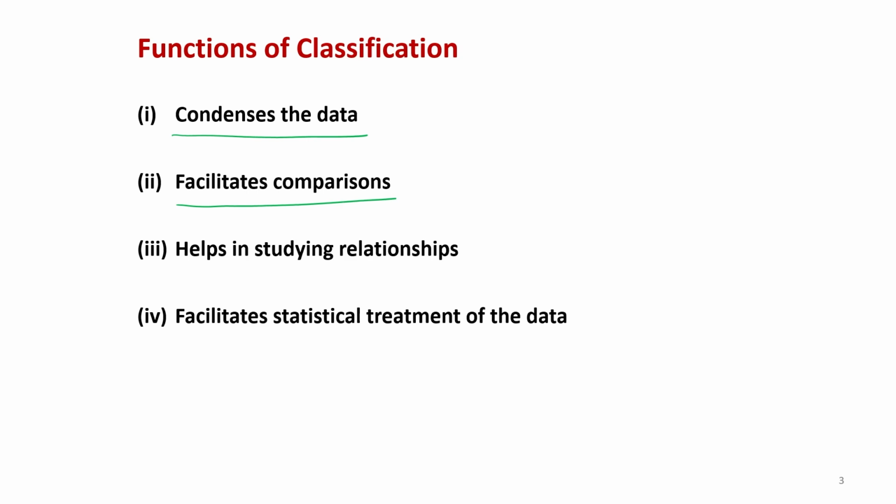Suppose there are 2 colleges in a city, and the time taken by the students in completing the degree in the first college is 4 years, and in the second college it is 6 years. So what does this mean? That means on average the students in the second college are taking more time to complete their degree, and that may give a different type of information about whether the college is good or bad and so on. We can take such decisions.